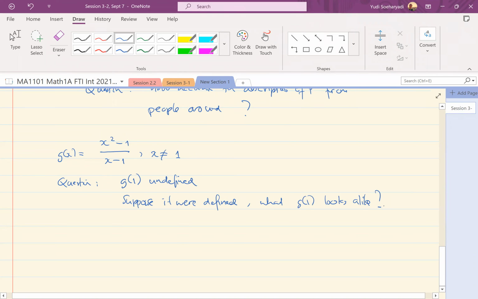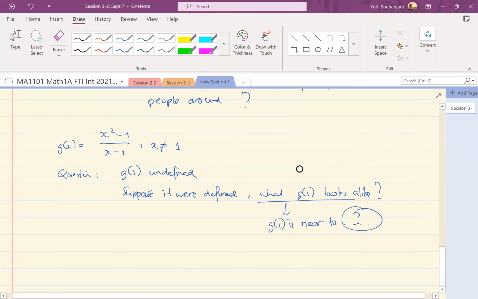All right. So at least we can say, well, g(1) is near to dot dot dot. Okay, so that's the question.